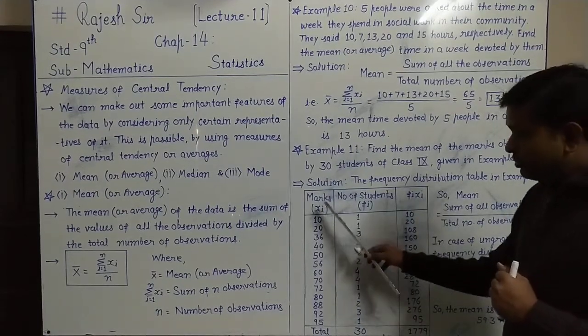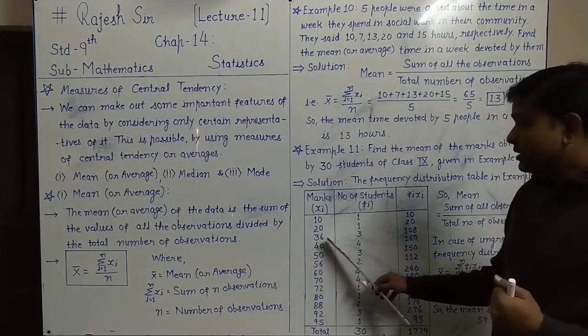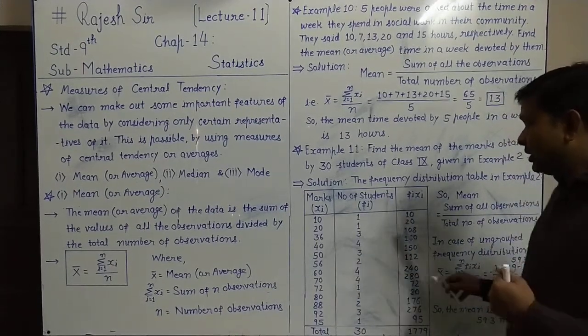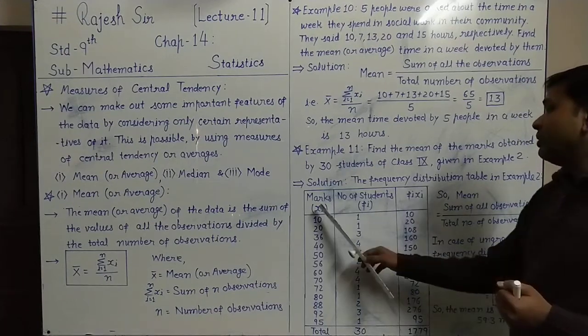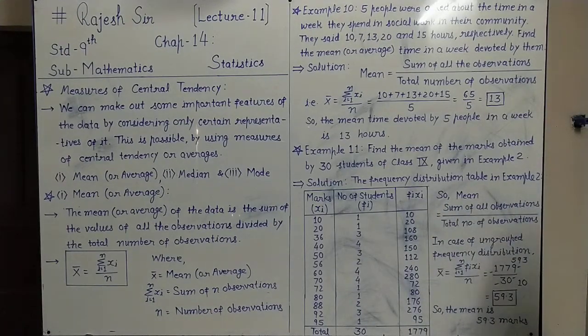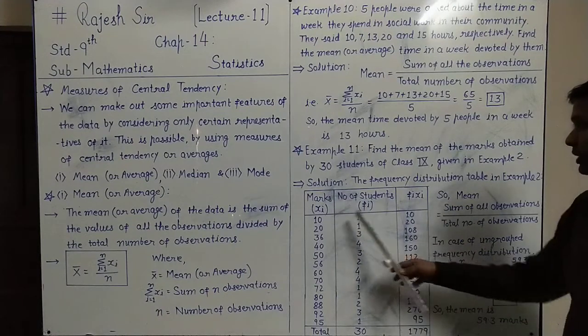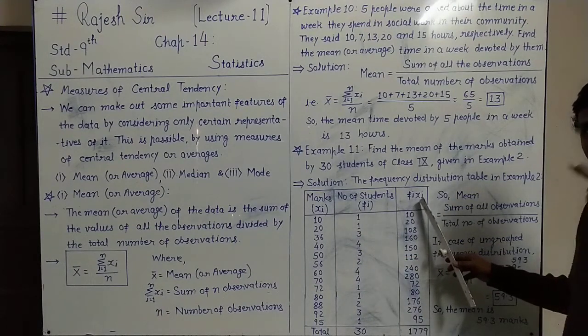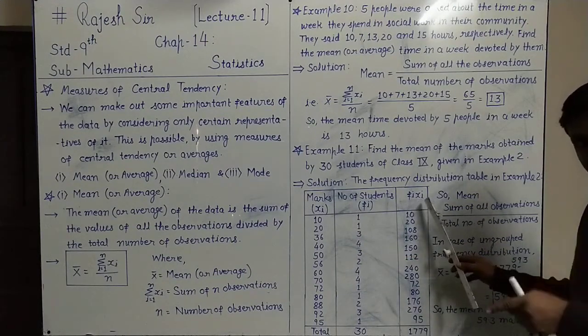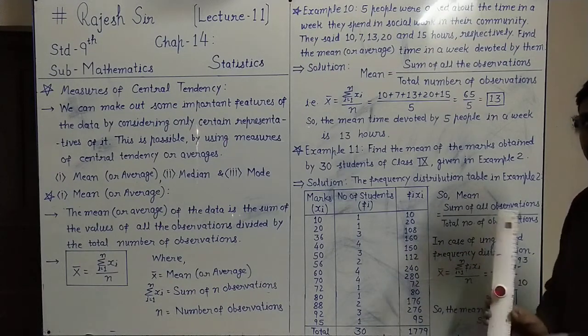So instead of adding 36 three times, we can get the sum by multiplying 36 into 3. So we have formed fi xi to make it easy to do the sum of all these 30 students. We will now find the third column, the extra column fi xi. It will give the sum very easily of all the 30 students.